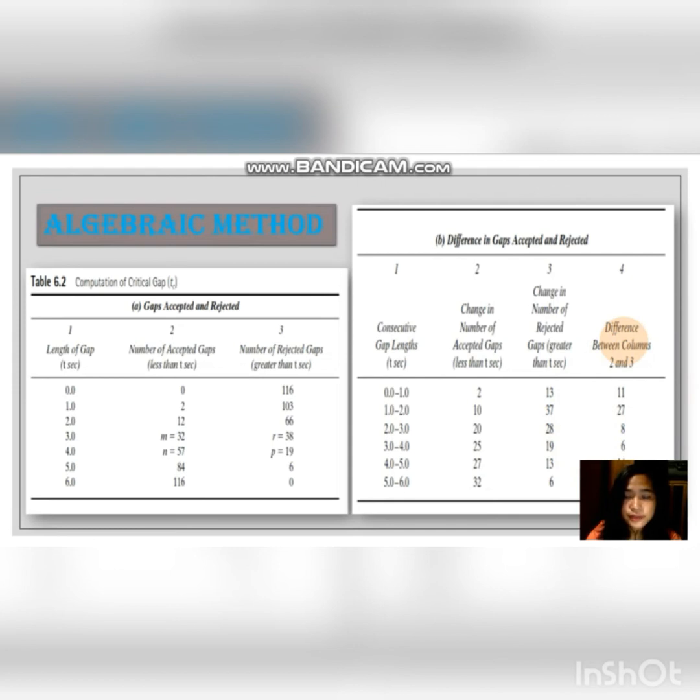As I said a while ago, the least value of the difference is our critical gap. So for this, our least value is 6. So it indicates that the critical gap for this case lies between 3 to 4 seconds.